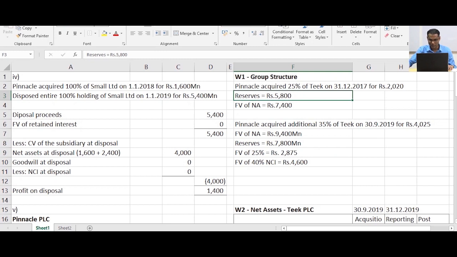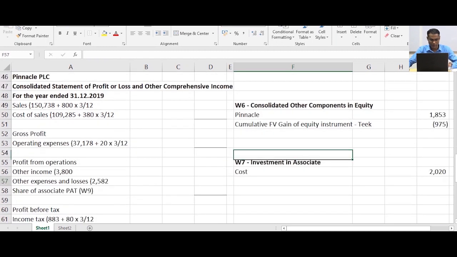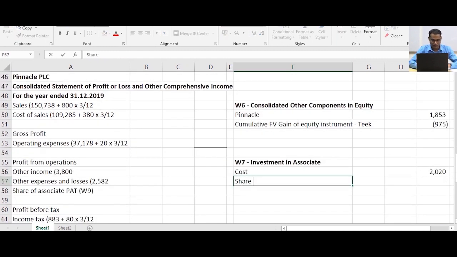So we go to the investment in associate and write share of post acquisition reserves, associate share. The reserve as at 30th September 2019 is 7,800 and as at 31st December 2017 is 5,800, so the increase is 2,000.